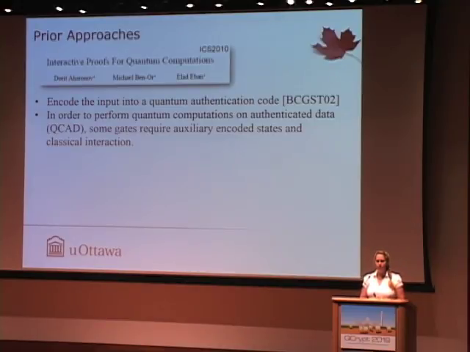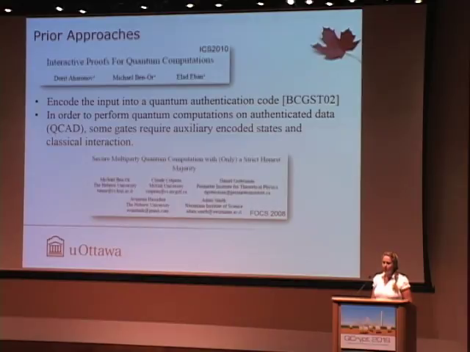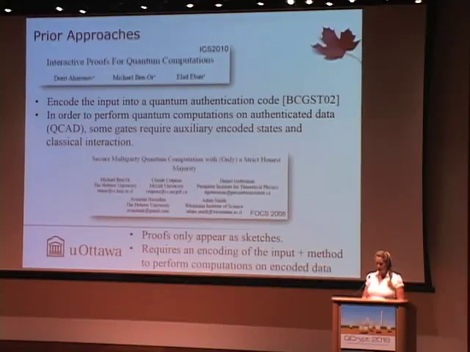The verifier would encode the data into a quantum authentication code, send it to the prover, and then they would use interaction as well as auxiliary qubits that were encoded in order to do this verification process. The main inspiration for this technique was prior work on quantum multiparty computation. The drawback is that the proof of this one depends on the proof of that one, and the proof of that one is only really just a sketch. So we didn't have a full proof.